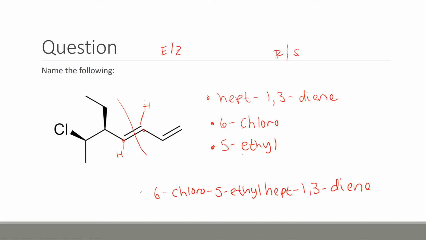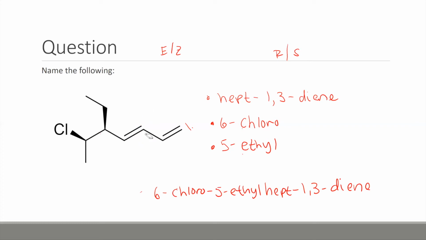This hydrogen is going to get lower priority over this group. And same on the side, the big group will get higher priority over the hydrogen. And when we look at our priorities, we see we have opposite. So this is an E configuration.